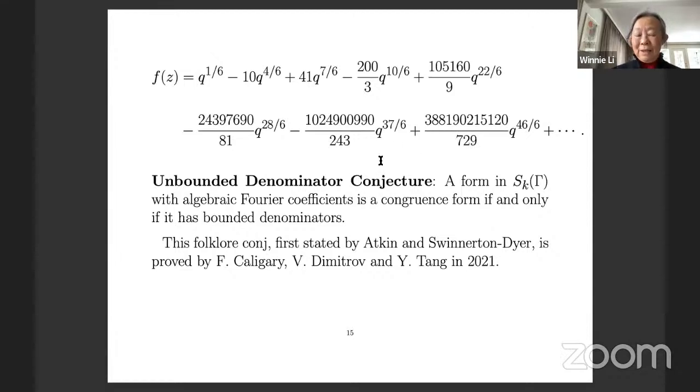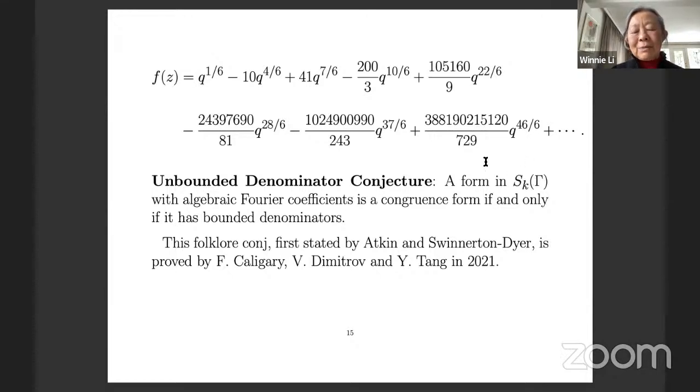So then there's a general question. If we give ourselves a non-congruence subgroup and consider the weight k cusp forms for it, inside here it may contain modular forms for congruence subgroups. For instance, they may come from modular forms for SL2Z.